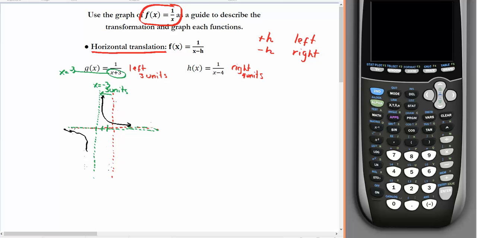It came out all crooked. So it's going to shift to the left 3 units. Now let's sketch it and see what happens.